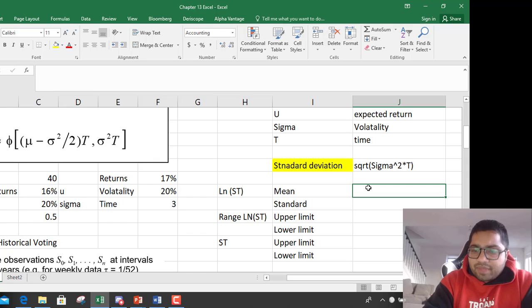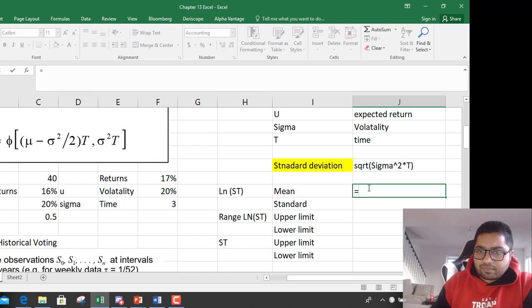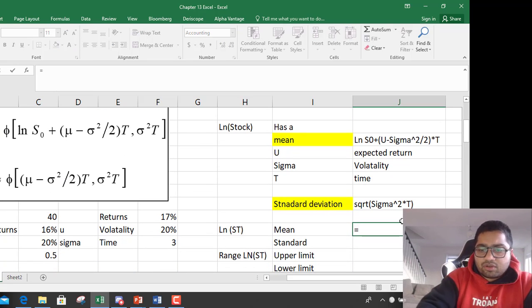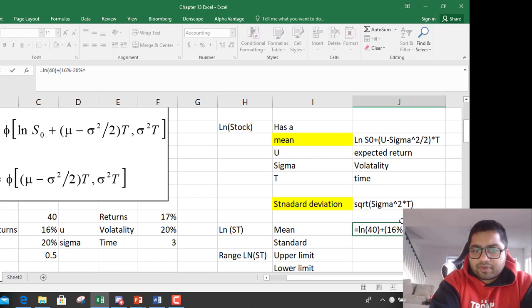So the log normal mean is given by this formula. Natural log of the stock price, so 40, plus U is 16%, the expected return, minus sigma 20% squared, so to the power 2, divided by 2, times t.